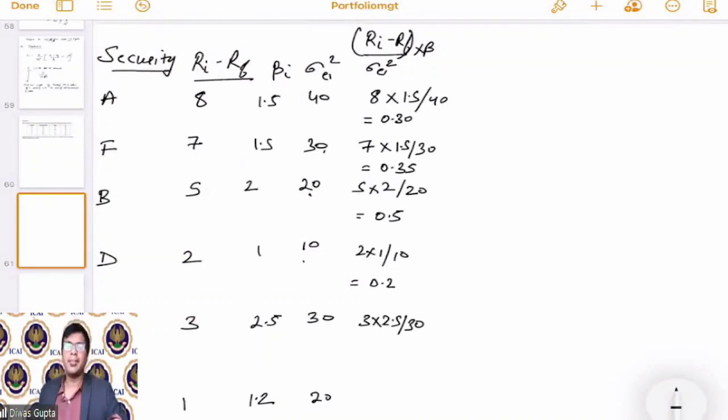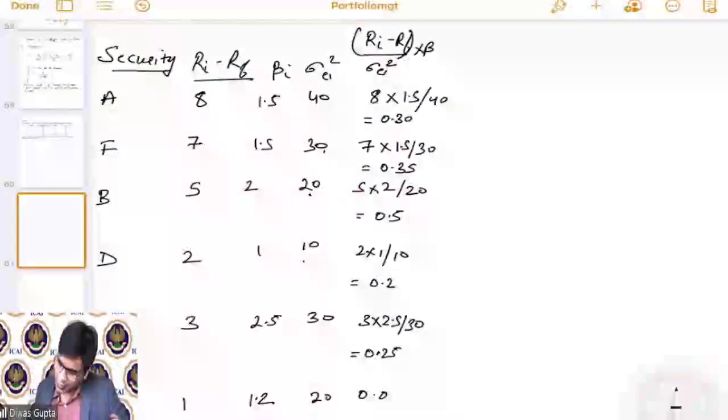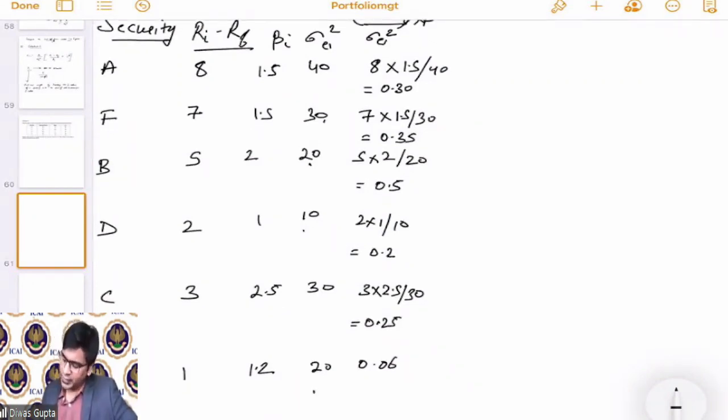Then for security C, it is 3 into 2.5 divided by 30, which comes as 0.25. And for E, 1 into 1.2 divided by 20 comes as 0.06.